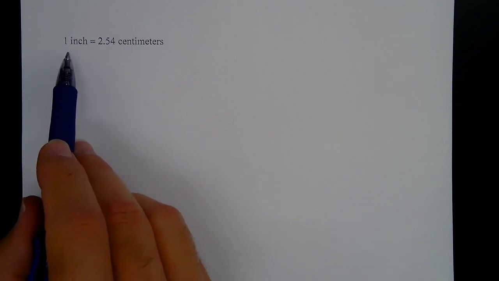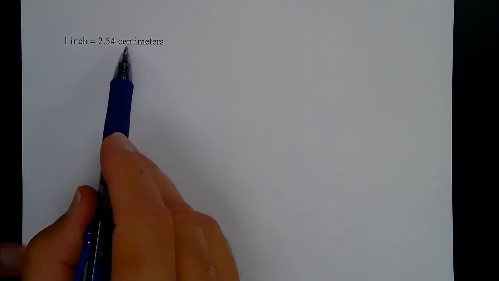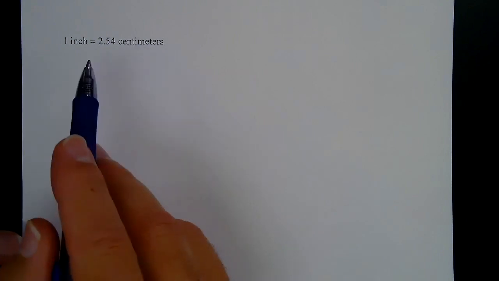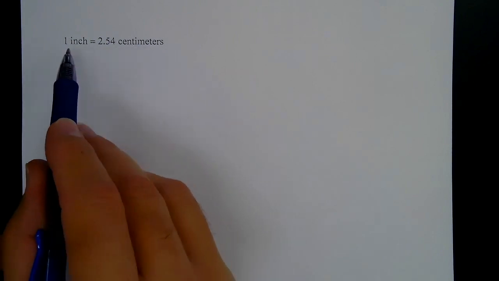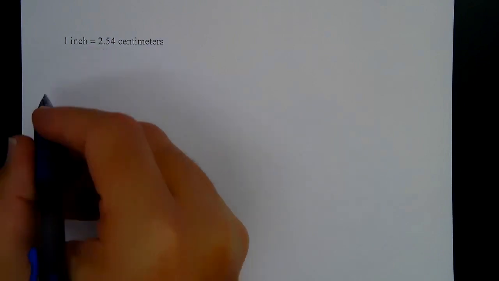Okay, so right here, what we have is that 1 inch is equivalent to 2.54 centimeters. So what I could do is take this equation and divide both sides by 2.54 centimeters.